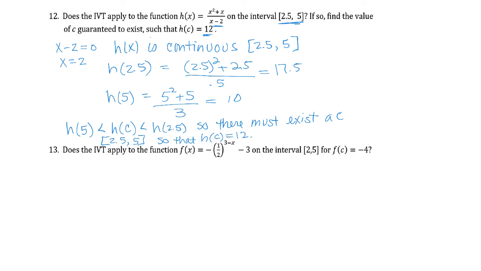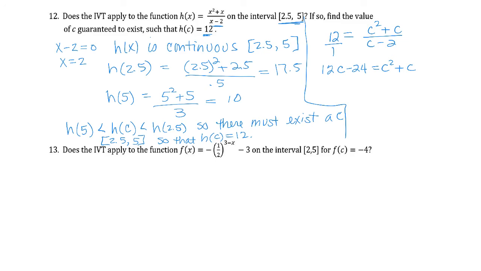Okay, now they told us to find that c value. So we're going to come over here to the side, and h at c is 12, so I'm going to have 12 equals, and that's going to be c squared plus c over c minus 2. And again, I would put that 12 over 1 and solve it like a ratio. So we're going to cross multiply here. And so when I do, I have 12c minus 24 equals c squared plus c.